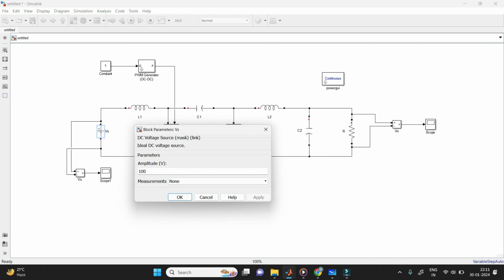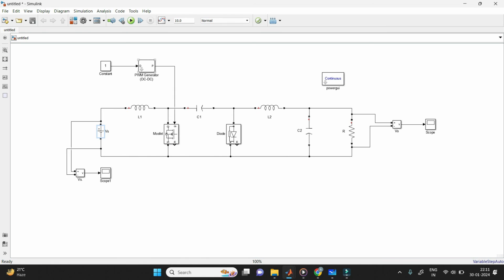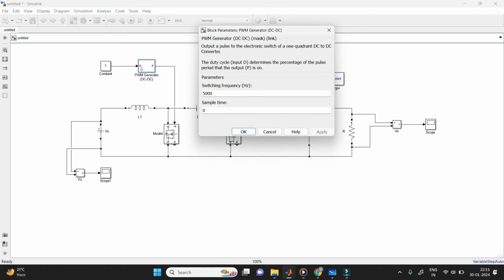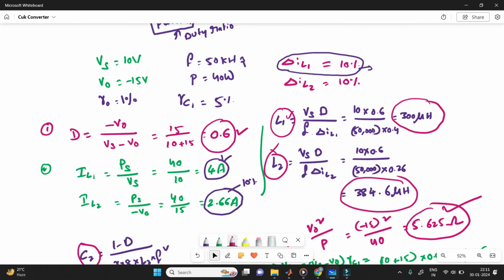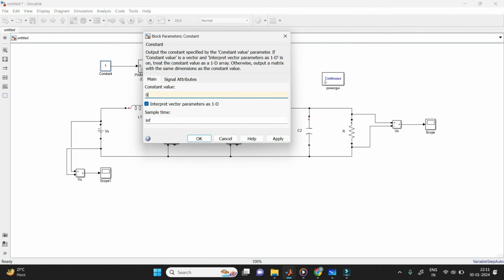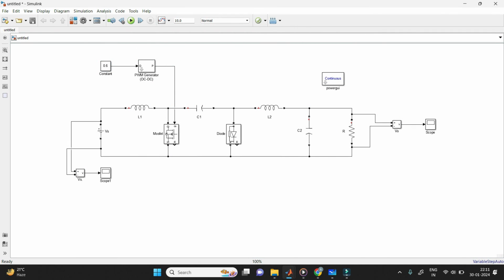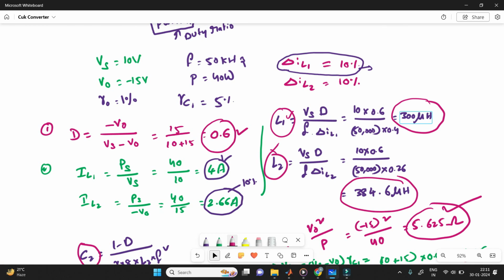First of all, I'm taking the input voltage as 10 volts, and the switching frequency as 50 kHz. Now go to the pulse generator and take 50 kHz, and we got the duty cycle as 0.6. So take 0.6, and we got the inductor L1 value as 300 microhenry.